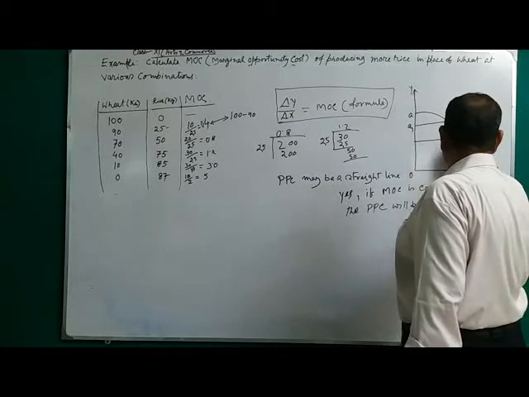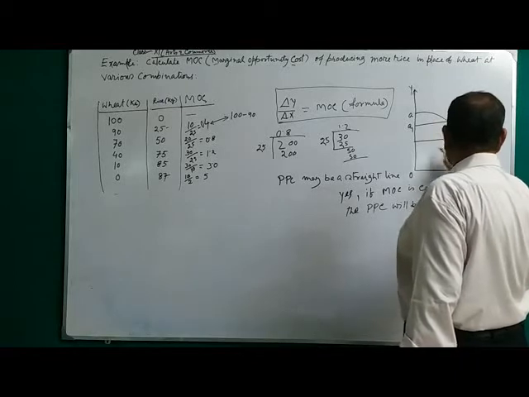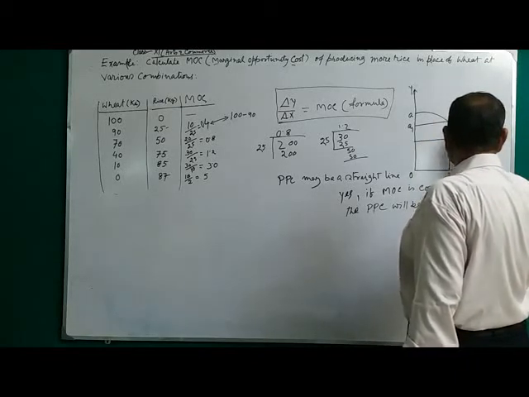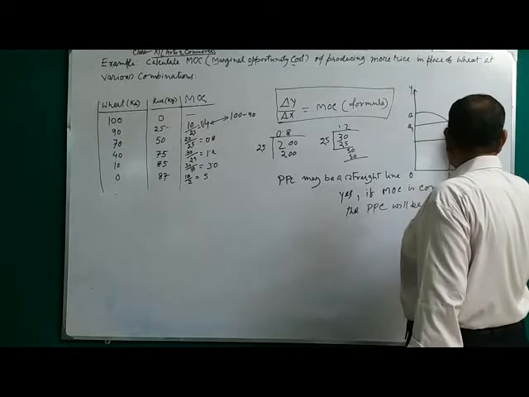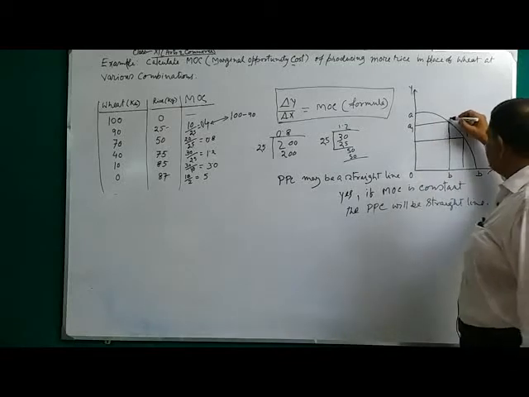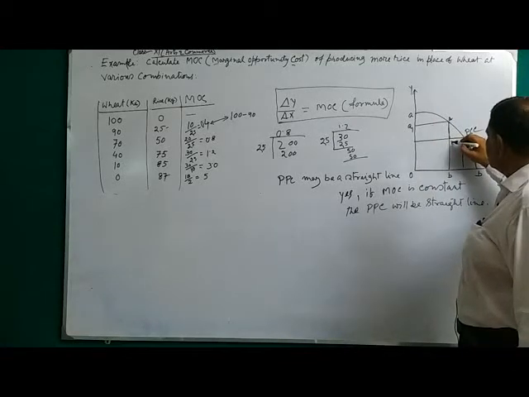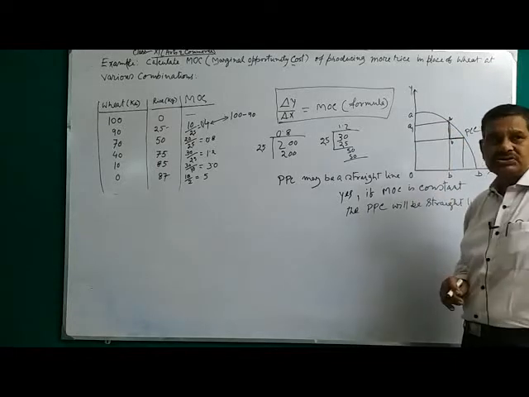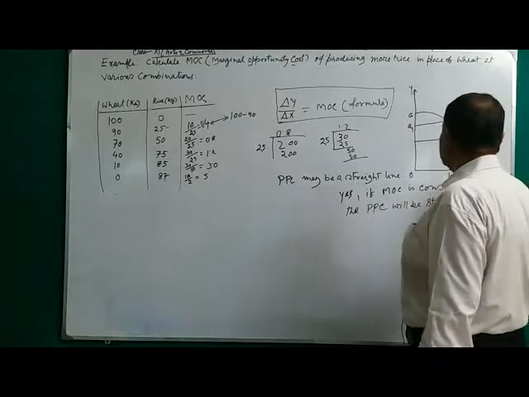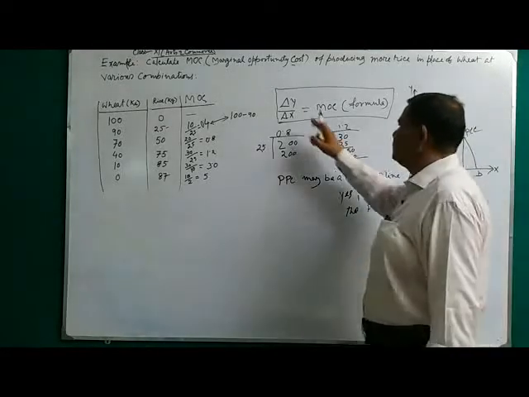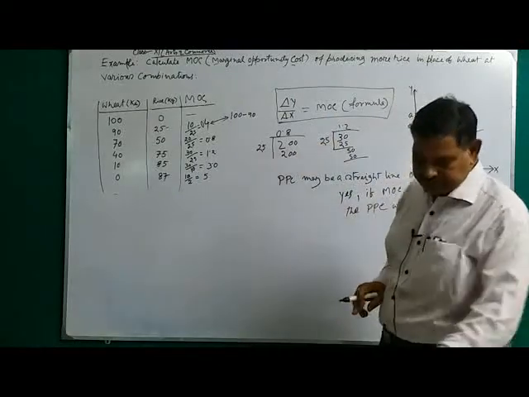Then you are leaving this amount and getting this amount. This is more than this. The area is more than this. You are getting this, but you have to sacrifice the amount of this. Therefore, the slope of the PPC curve is decided by del y by del x.